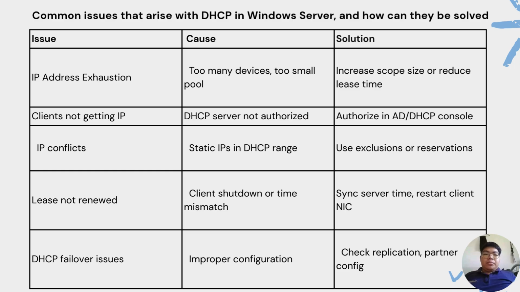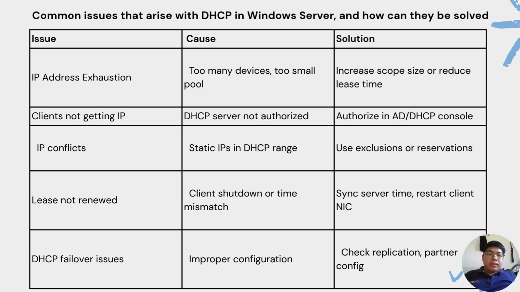Common issues that arise with DHCP in Windows Server and how can they be solved? The most probable issues are IP address exhaustion, clients not getting an IP, IP conflicts, lease not renewing, and DHCP failover issues. For IP address exhaustion, the causes are too many devices and too small a pool.